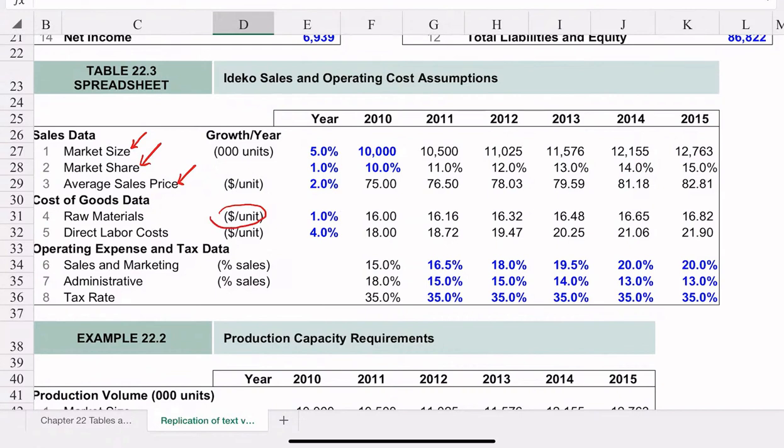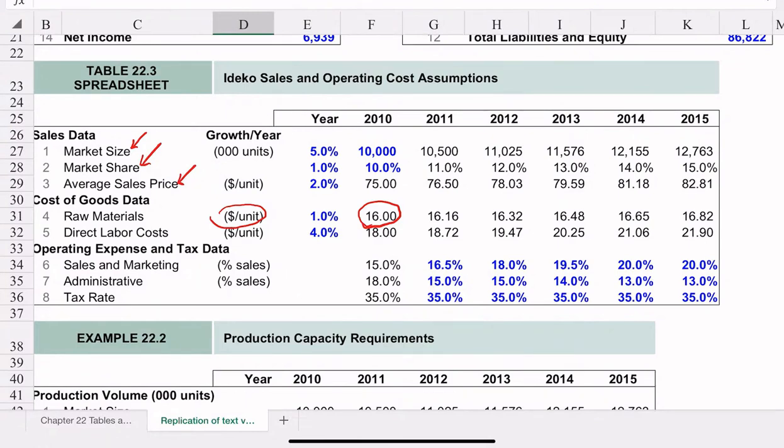So you could just use the number here. Let's say if you want to calculate the raw material costs in 2010, you could just use $16 times the number of units. Now, how do you get the number of units? Well, we have discussed this. You could just use market size times market share.